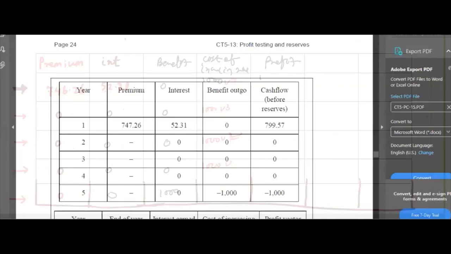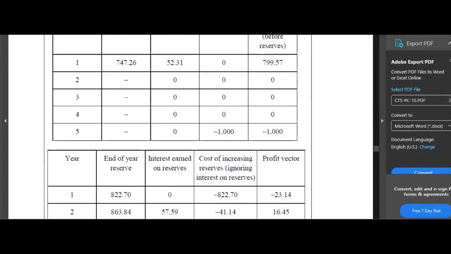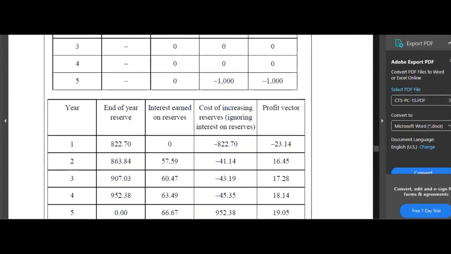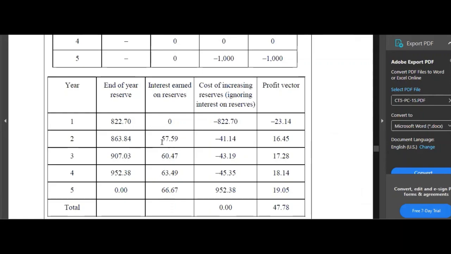Now we'll verify from here. They will not match, but never mind, because they have done it differently. We don't have the end of year reserve concept. We are not doing it this way, we'll not follow them. We'll check using the numbers. I think these are the numbers you have to use.